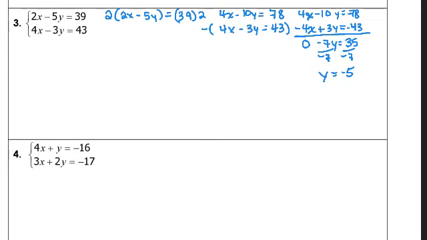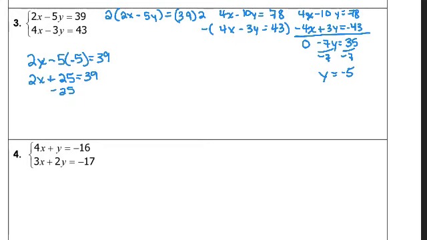I now have to stick this back into one of the two of my original equations. It doesn't matter which one. So I'll just place it in the first one. Negative times negative is positive. 5 times 5 is 25.